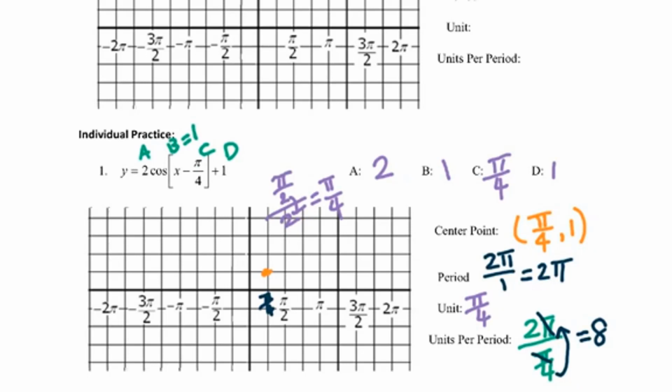Then we got to form a new coordinate plane. Then from the center point, I need to get 8 units to form one period. So I count from this center point. 1, 2, 3, 4, 5, 6, 7, 8.